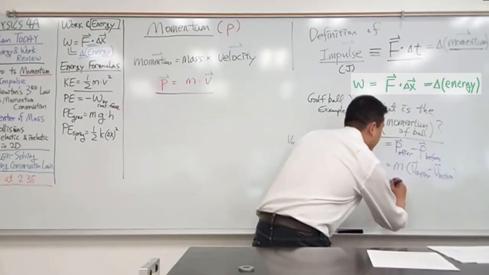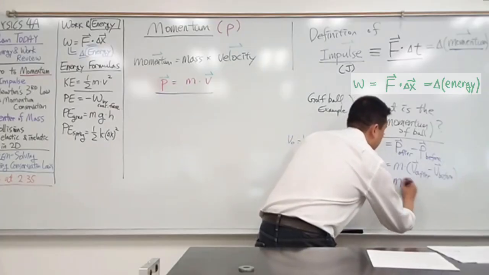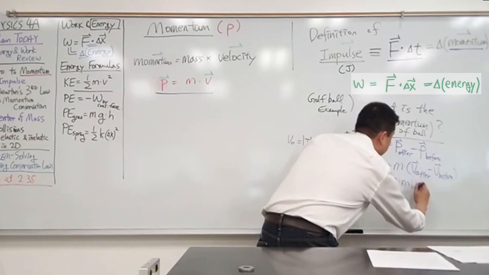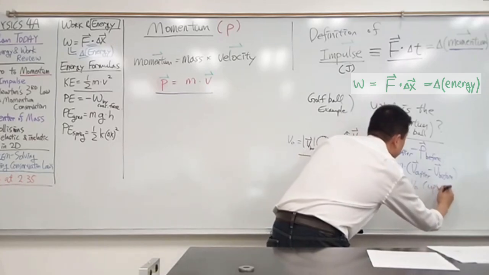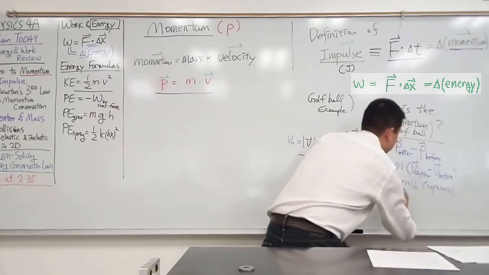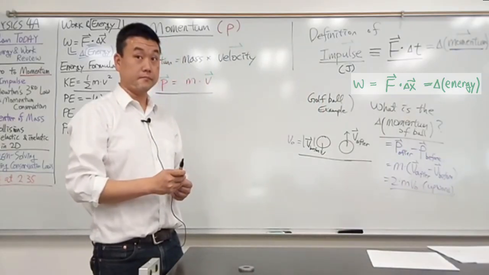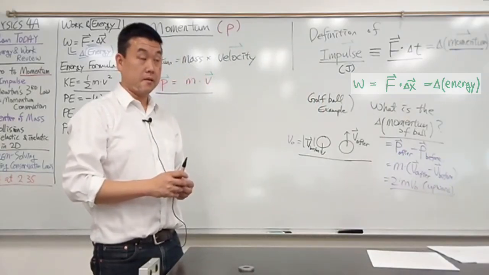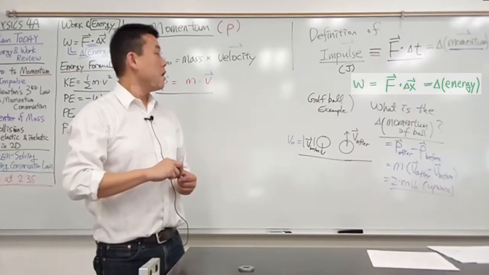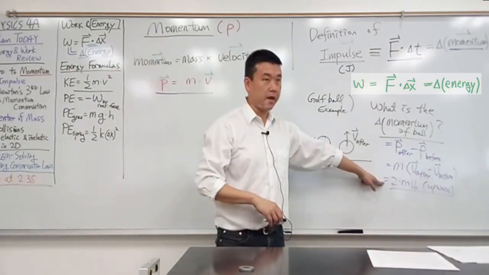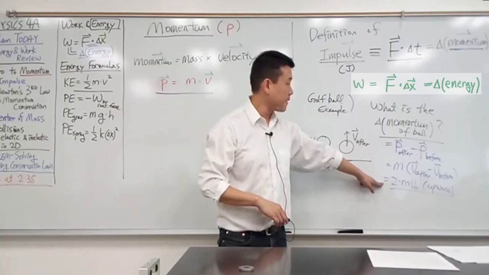So the total magnitude of change of momentum will be 2m V naught and upward for the vector quantity. Right? Yes? Good? So this is another way you can calculate change of momentum.